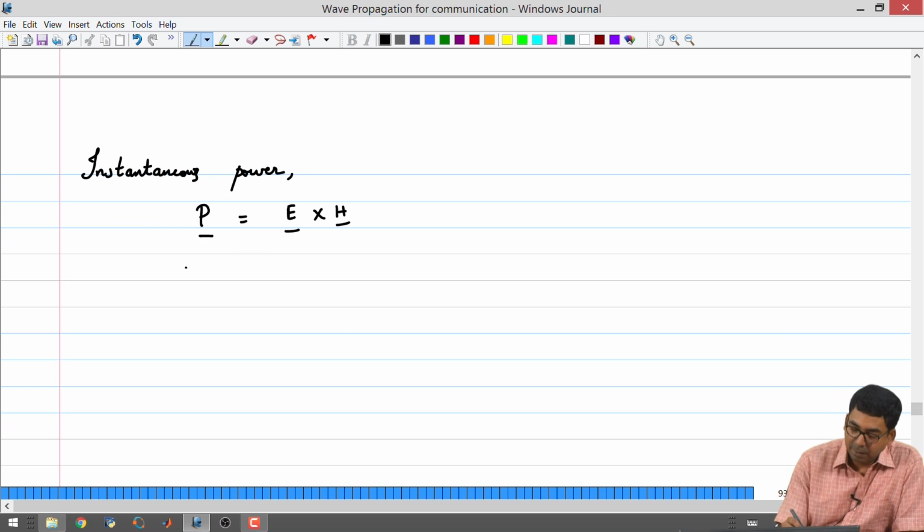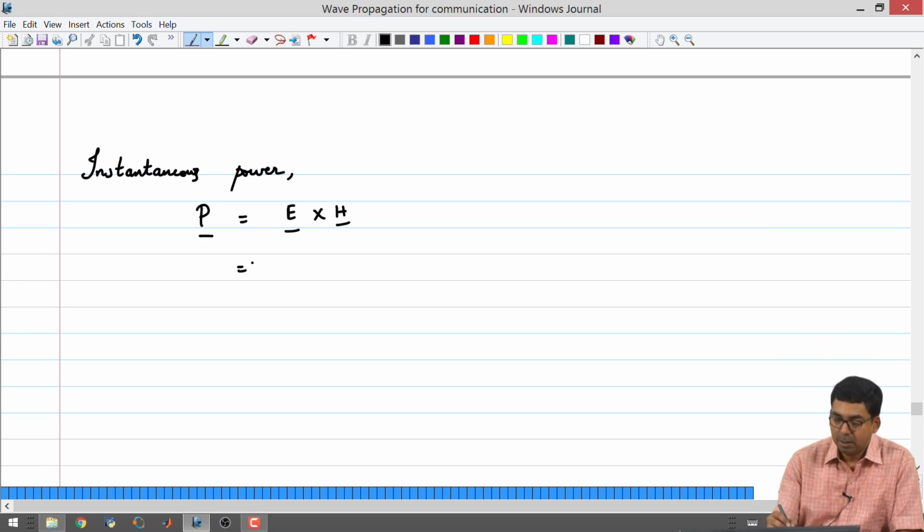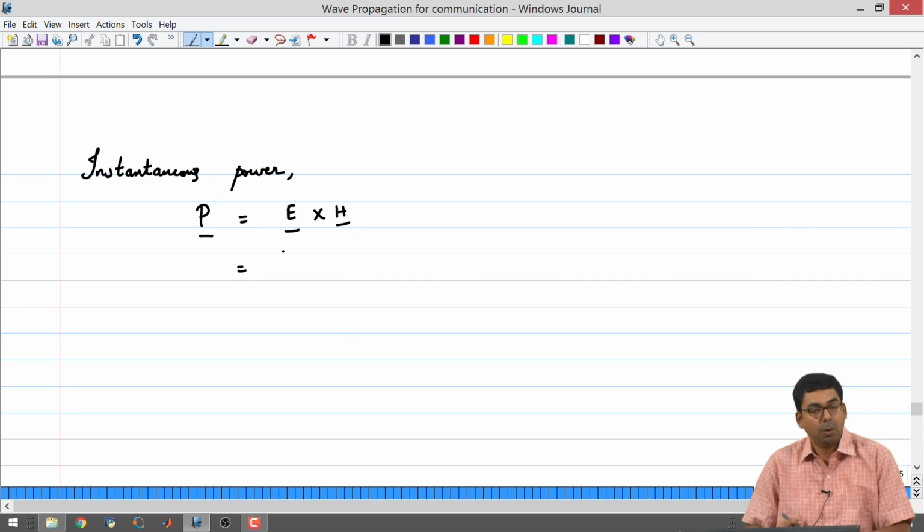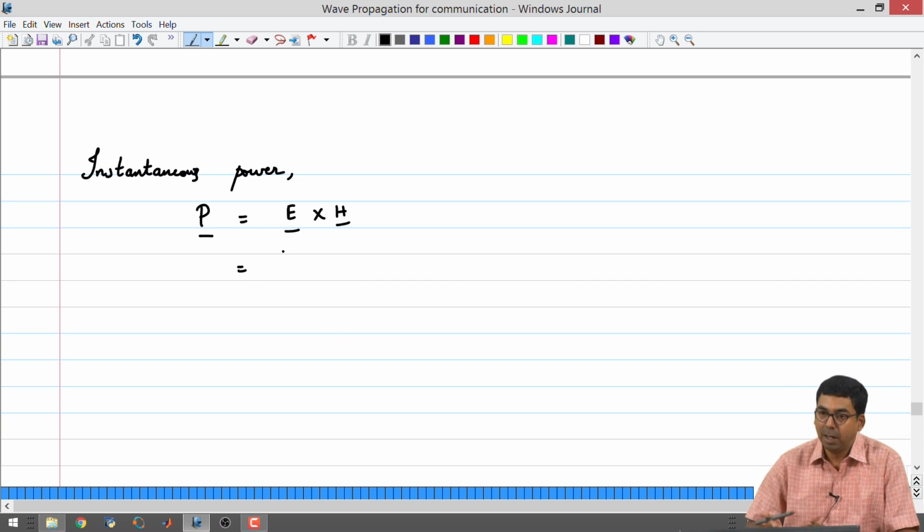And we have already written down the expression for the electric and the magnetic field. So, we just substitute the cosines that we have just written. We have written E naught cosine omega t plus phi E. Similarly, we have written an expression for the magnetic field with the real part.